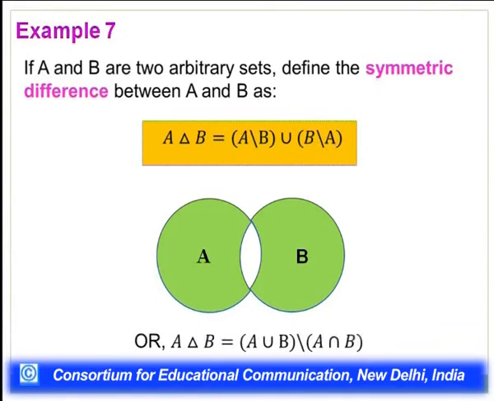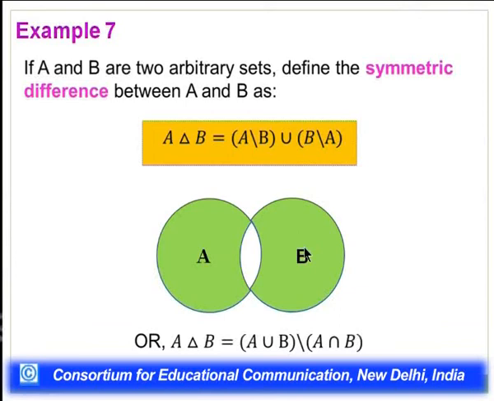A minus B would be just the region represented in A without the overlap. So this is the green region to the left of A intersection B, and B minus A is the green region to the right of A intersection B. So A symmetric difference B is this union, which is this entire green region in the two sets.